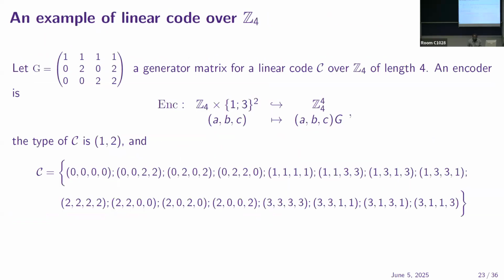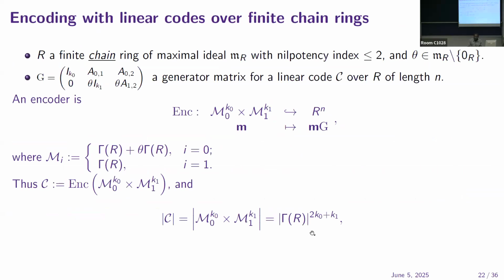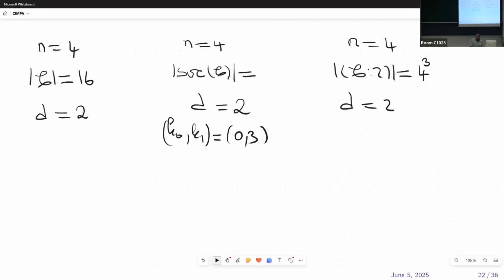the cardinality is 2 power (2k0 plus k1). We use that to compute: 0 times 2 plus 3, 2 power 3. Okay, you compute the rate.